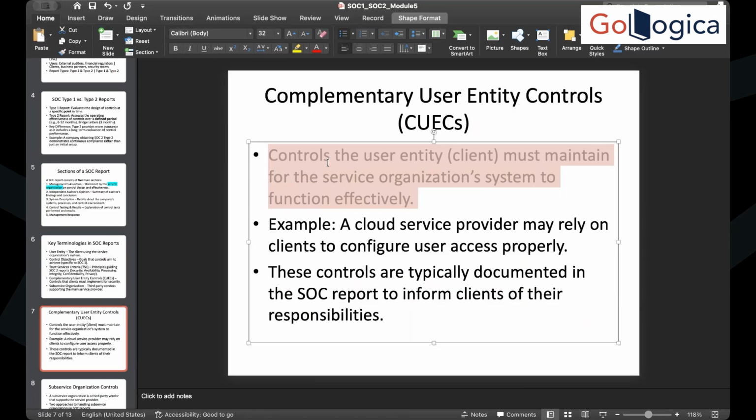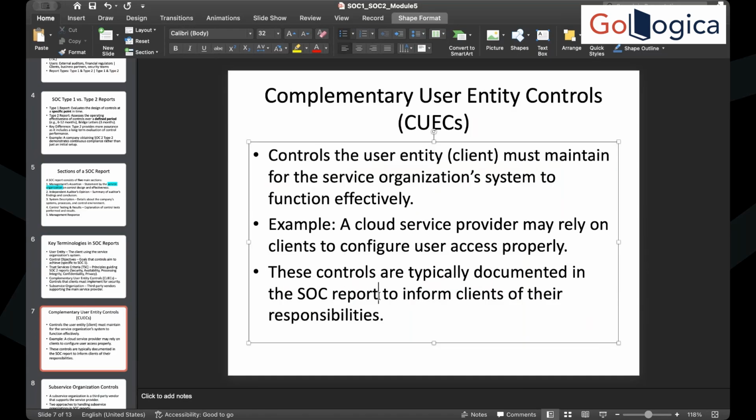If all my data is on Azure, then Azure doesn't know whether Harsh needs access to Azure or not. It is the responsibility of Cisco to maintain that access. Correct? You're understanding, right? These controls are typically documented in the SOC report in section 3 to inform clients of their responsibilities.